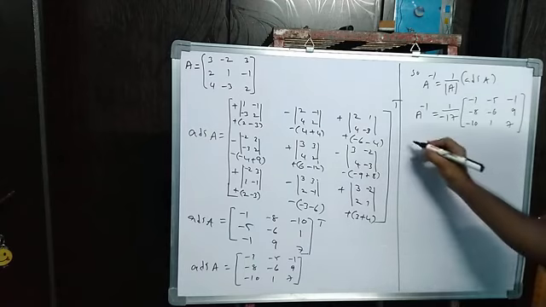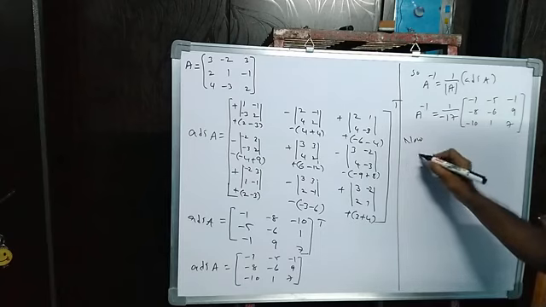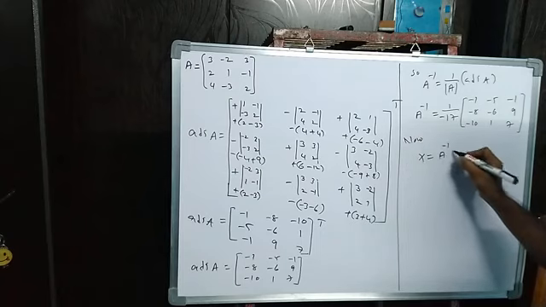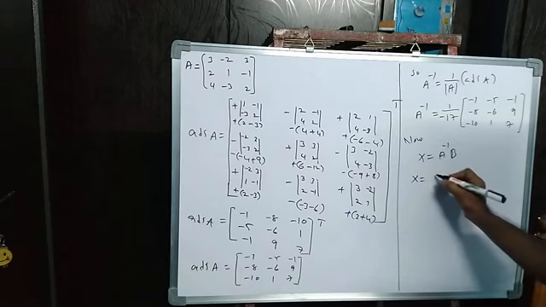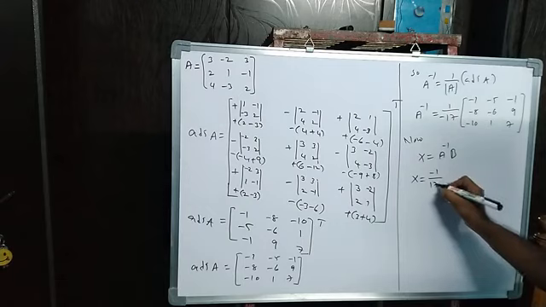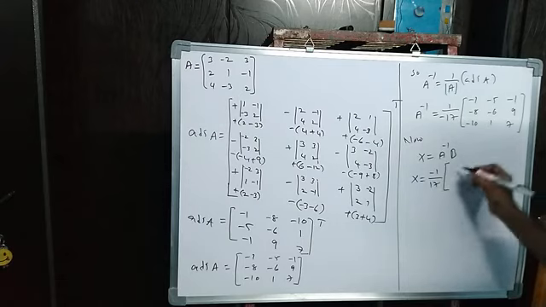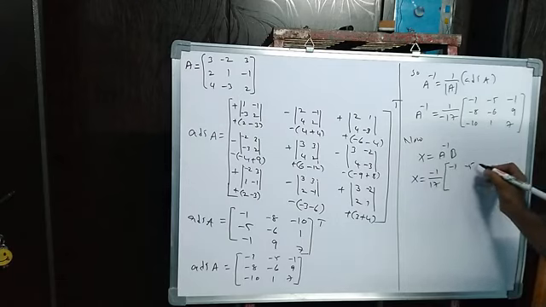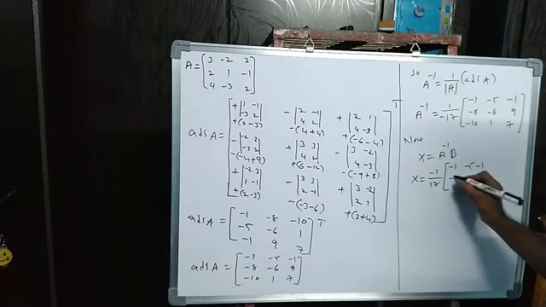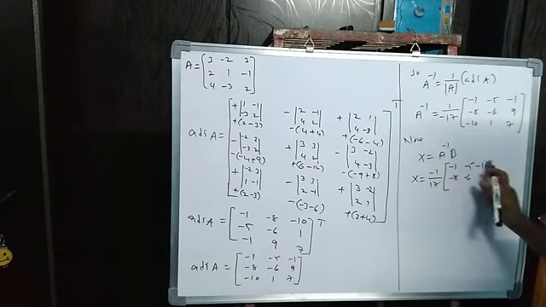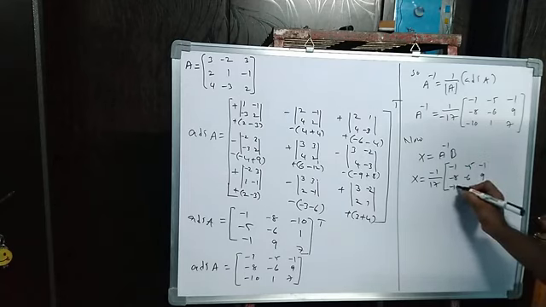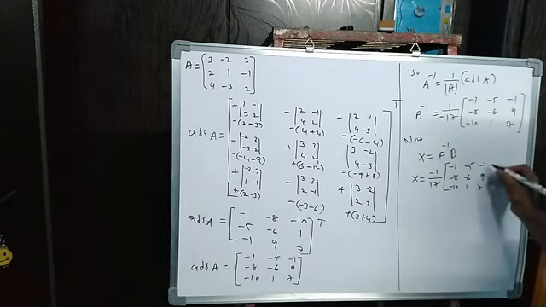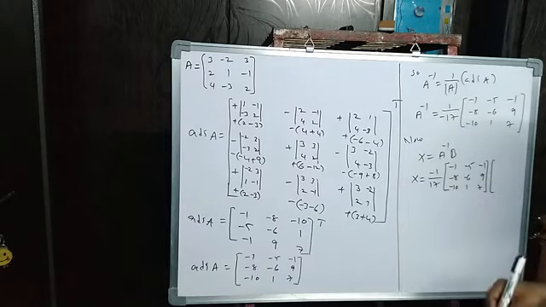Next, what do we have to find? Now X is equal to A inverse into B. So substitute here. X is equal to minus 1 by 17 into the matrix minus 1, minus 5, minus 1; minus 8, minus 6, 9; minus 10, 1, 7, into B. What is B here?